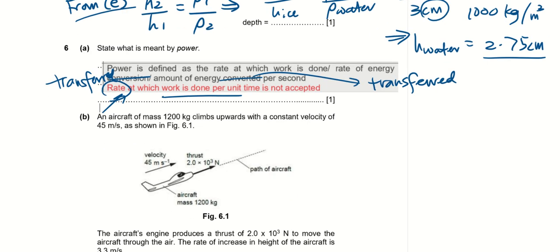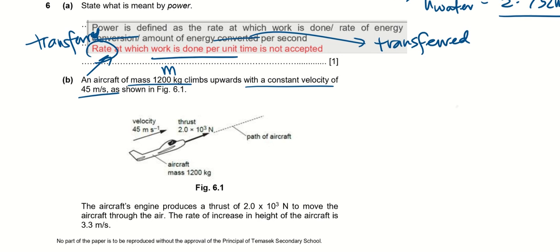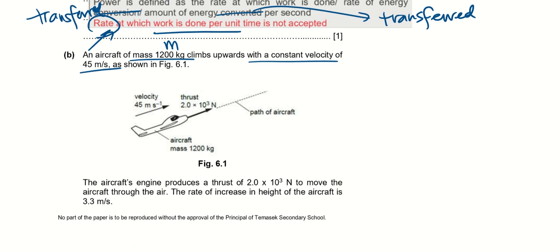Okay, then let's go into the calculation. B, an aircraft of mass 1200 kg. So this is my mass M. It climbs upwards with a constant velocity of 45 meter per second. The thrust is 2 times 10 to the power of 3 Newton.